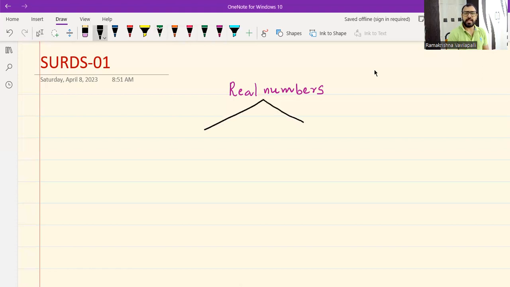One is rational numbers, and the other is irrational numbers.